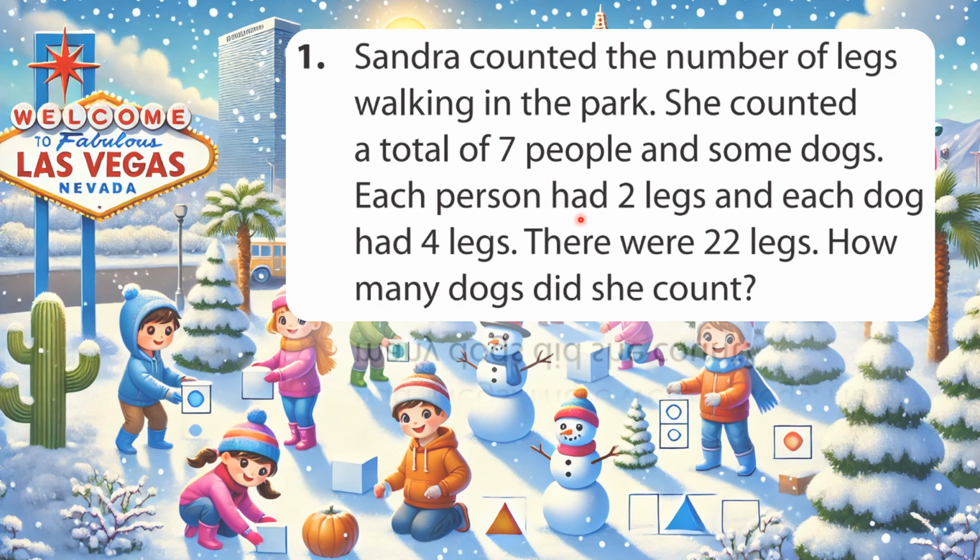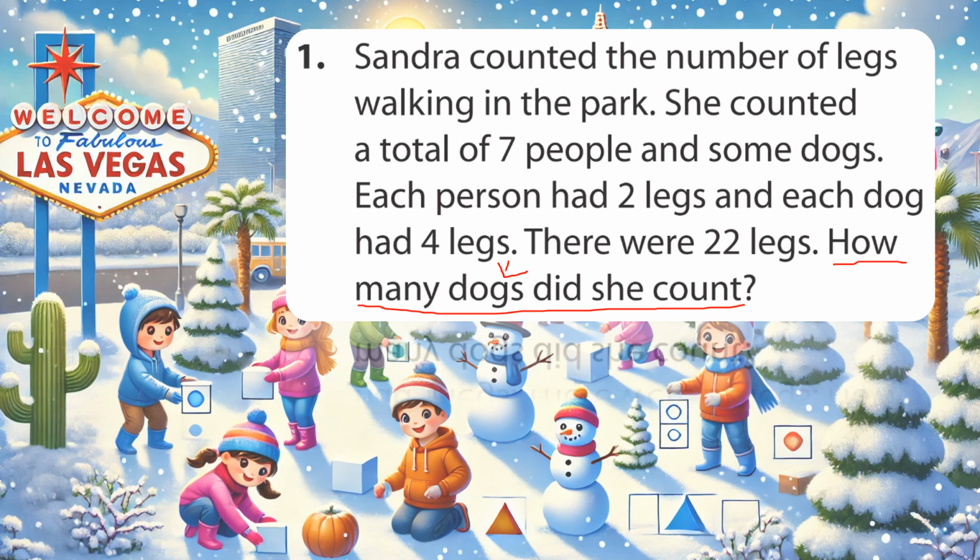Each person had 2 legs, as people tend to. Not everybody, but most. And each dog had 4 legs. There were 22 legs. Now here's our question. How many dogs did she count?